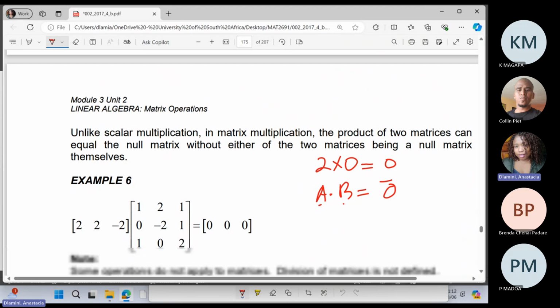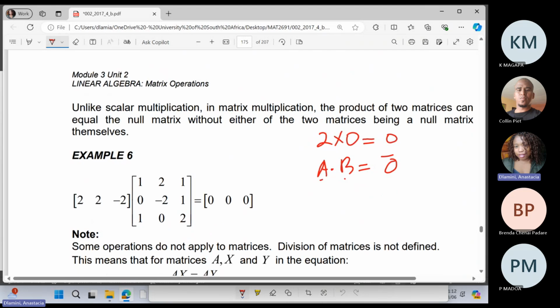In this case, they gave an example here. You see that this matrix A, which is a row matrix or a row vector, times this big matrix here, which is a 3 by 3 matrix. Both of them are not 0, but when you multiply them, they give you a 0 vector. Let's remind ourselves. If we call this A, this is a 1 by 3 matrix.